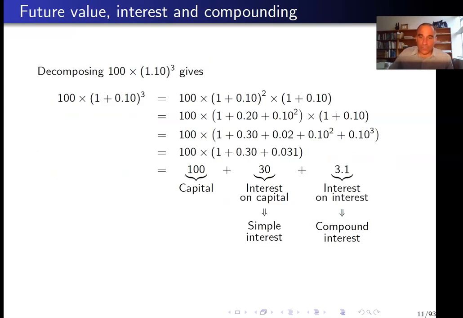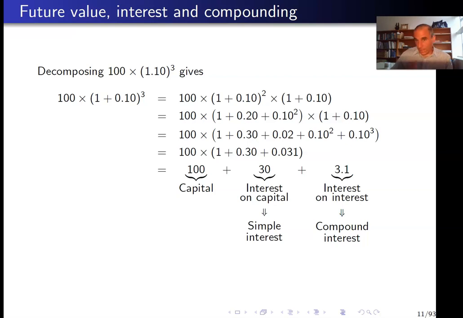Decomposing this $133.1, what do we have? The first $100 are the initial capital. 30 is the simple interest. So 10% times 100 times 3 is the simple interest that has been collected over the 3 periods, and 3.1 is the accumulation of interest payments over time.